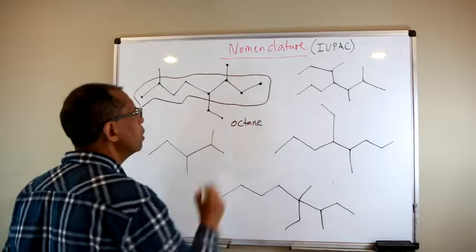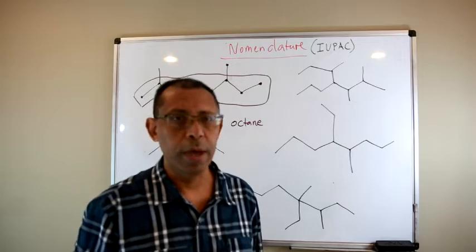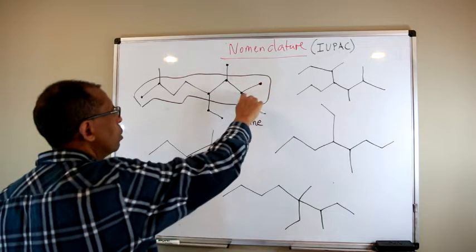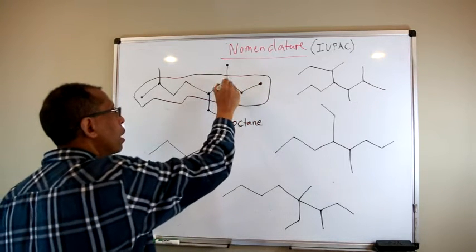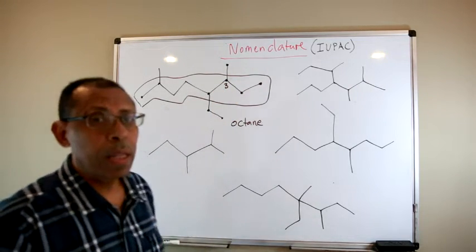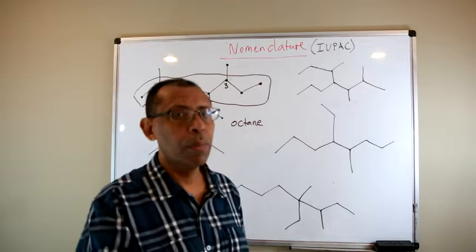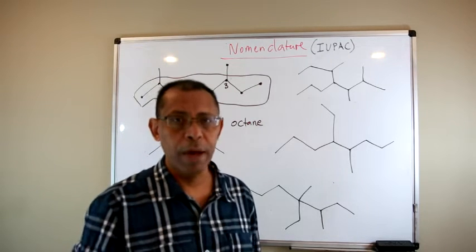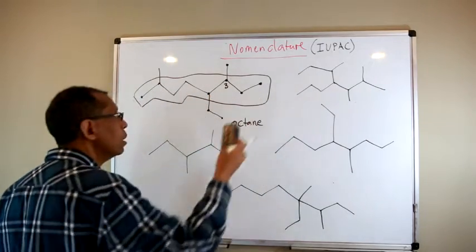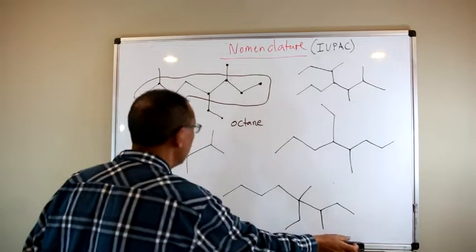Octane. But now we want to know what position and what substituents we have. In this case, if you start from here, 1, 2, 3, at carbon number 3, I have a methyl group. But in the second rule, you should always start from the side where your substituents would have the lowest number. So I would start counting rather than from this end, I would start from the one which gives me the lowest number.